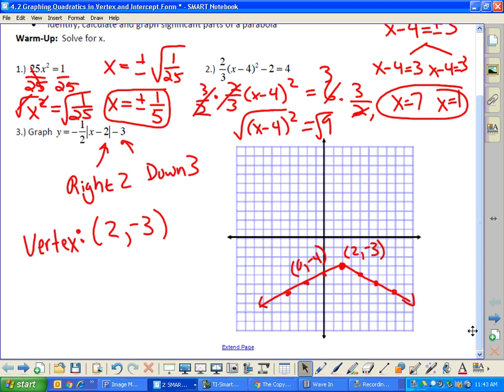It's also a vertical shrink, so it's wider than the absolute value of x. I see in my absolute value symbols I have x minus 2. That means my graph moves to the right 2 spaces. And then I have a k value of -3, which means my graph moves down 3 units.